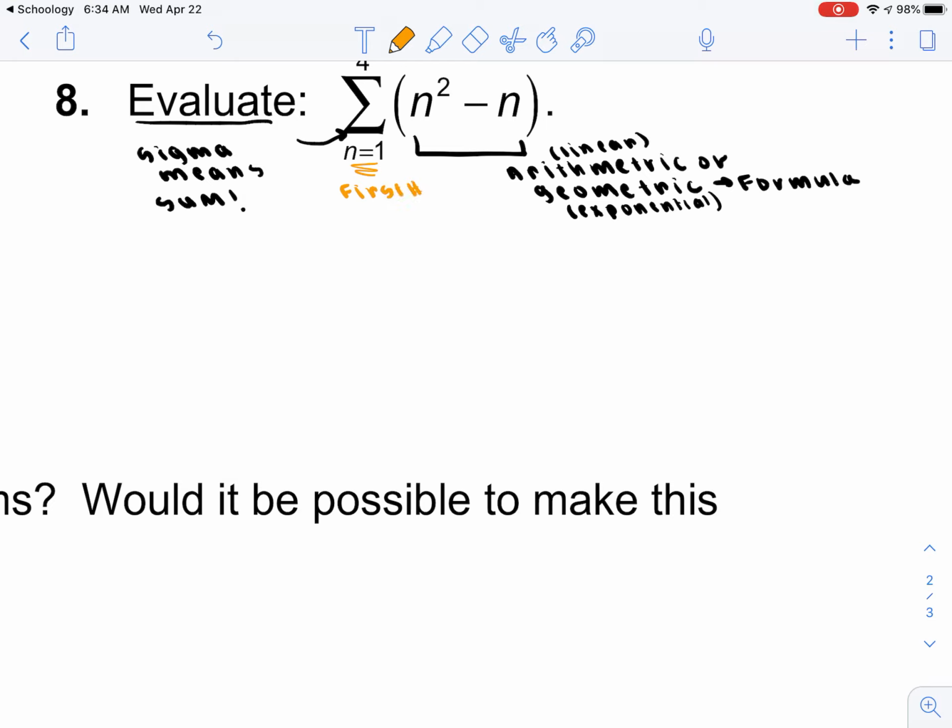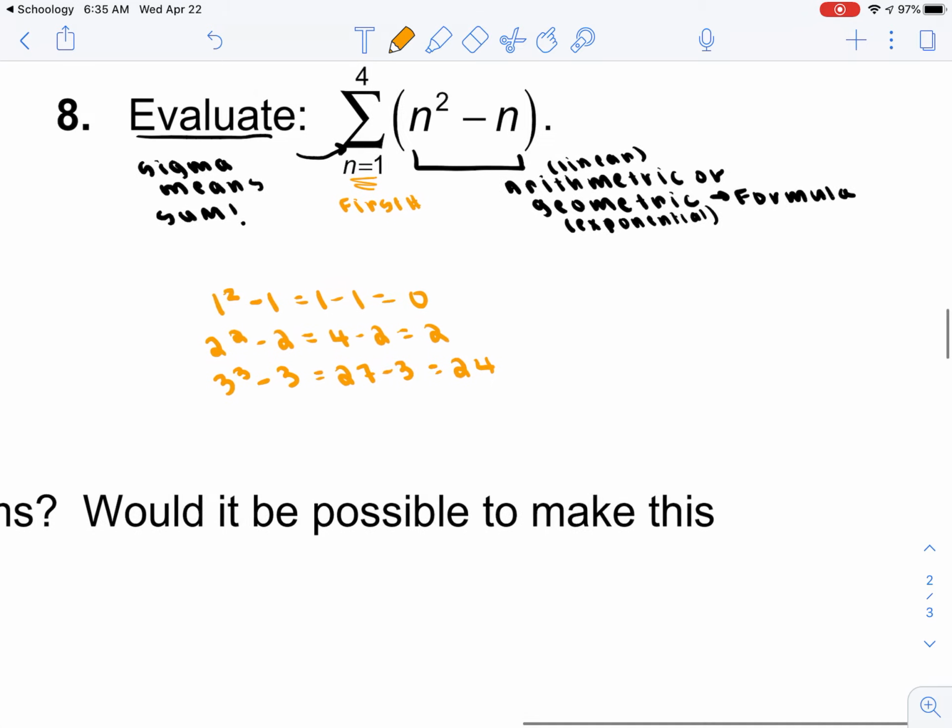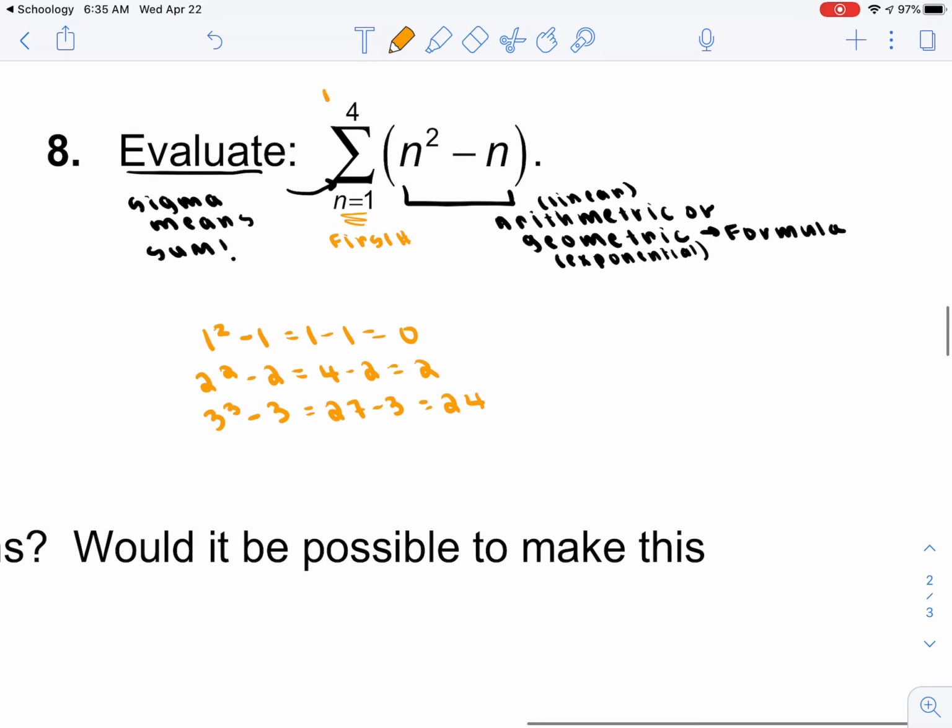So when I sub in the 1, I get 1 squared minus 1, or 0. Then you're going to sub in a 2, 2 squared minus 2. So 4 minus 2, 2. Then you're going to sub in a 3. And you keep going until you get to that top number. The top number is the last number you sub in.